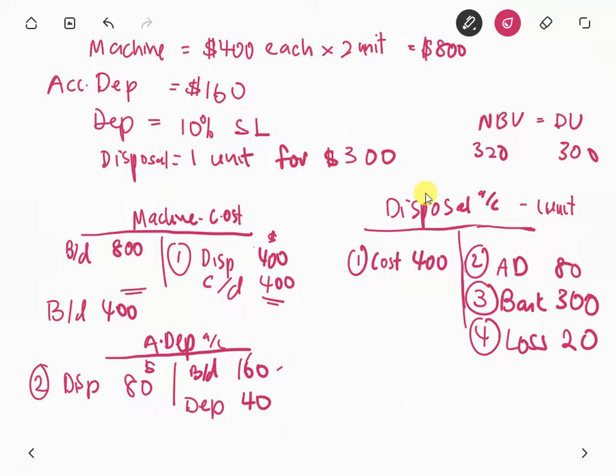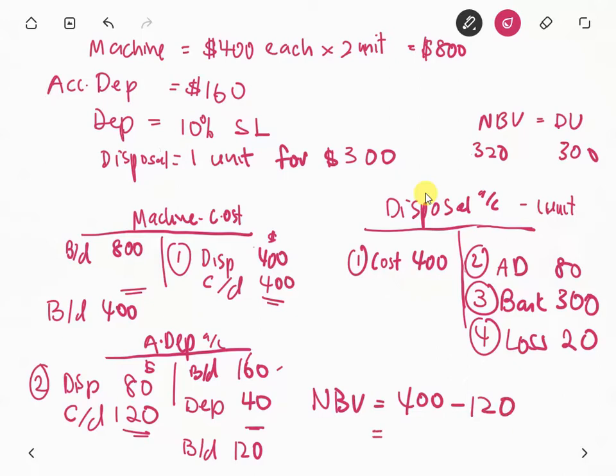Debit depreciation, credit accumulated. What is my carry down, brought down? 160 minus 80. So what is my closing net book value? Cost less accumulated: closing net book value 280. Done. Originally started with 2, ended with 1. Depreciate and closing.